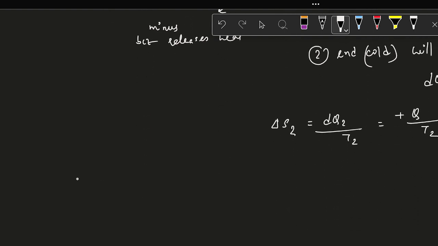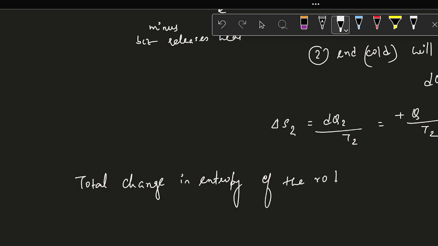So we have to calculate the total change in entropy of the system in a steady state. So the total change in entropy of the rod. You have to take into account both the ends. That is, if the total change is delta S, then it is delta S1 plus delta S2.